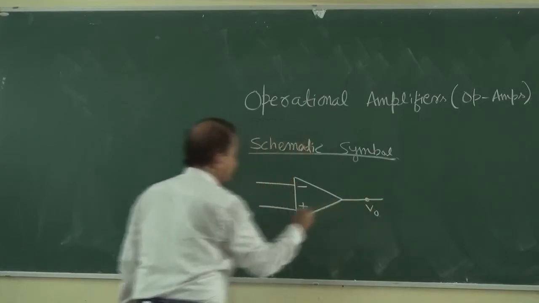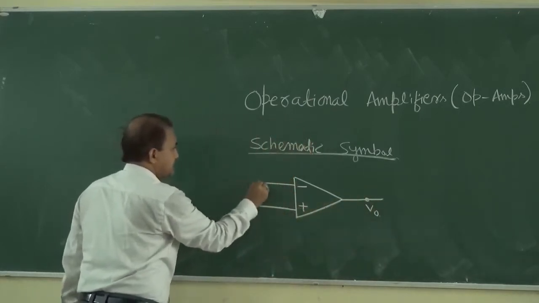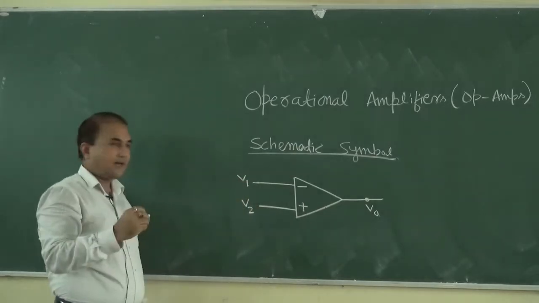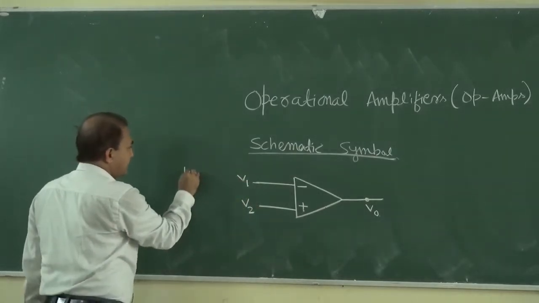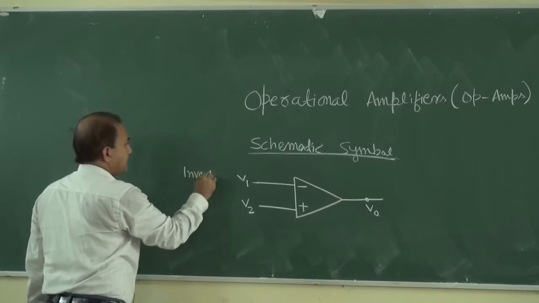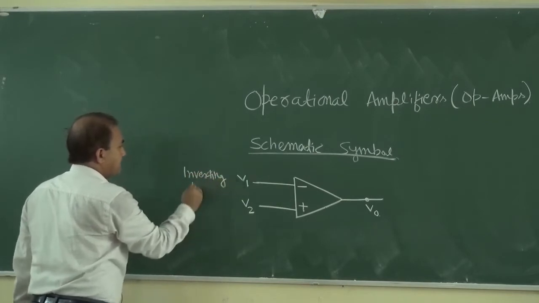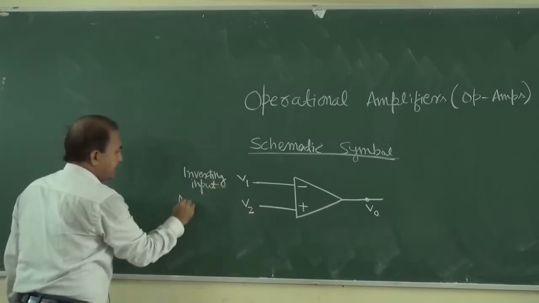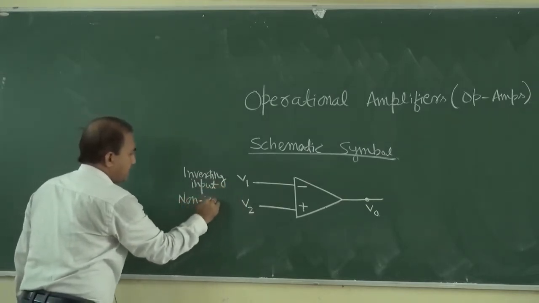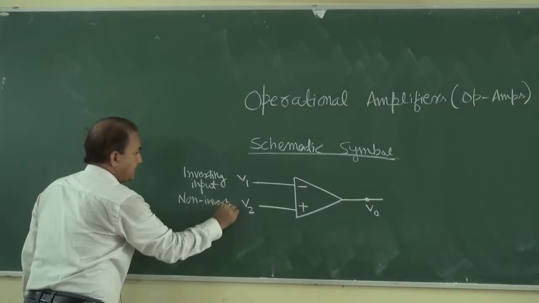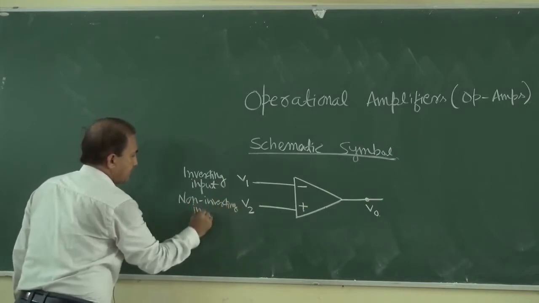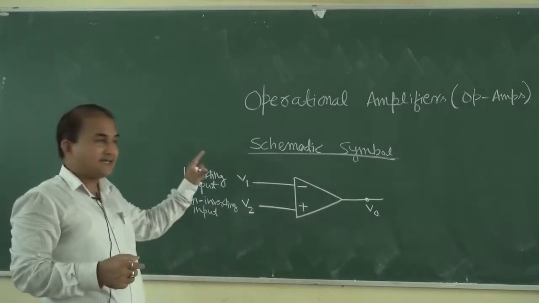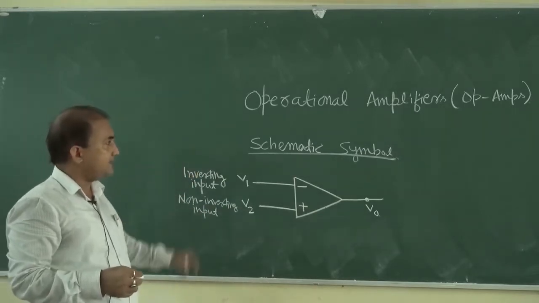This is V out, this is say V1, and this is V2. It is the inverting input, and this is the non-inverting input. So this is the schematic symbol of an operational amplifier.